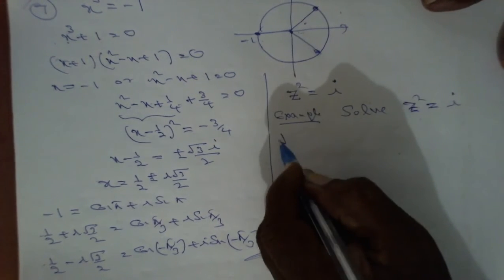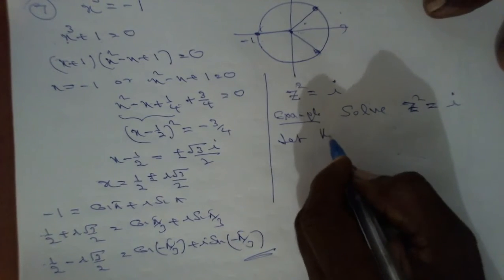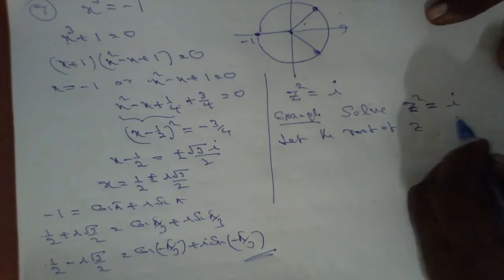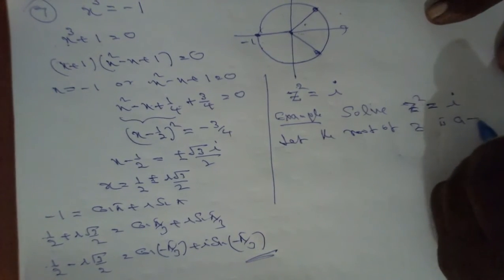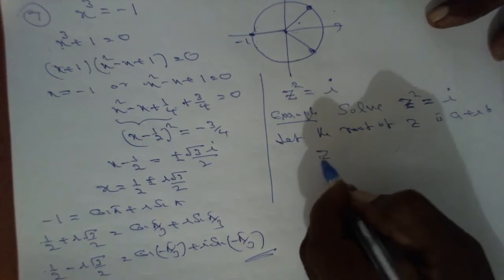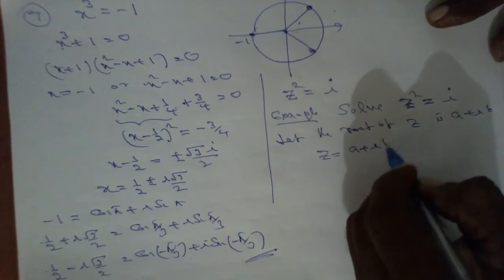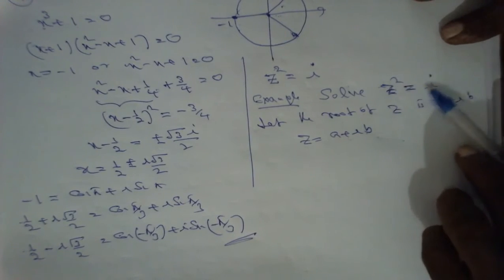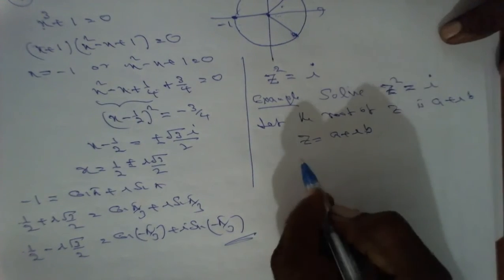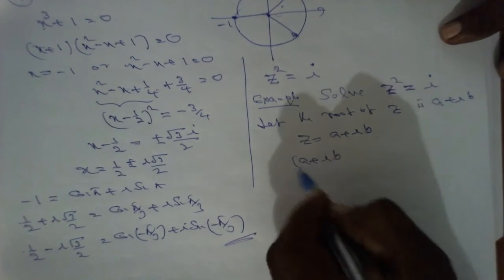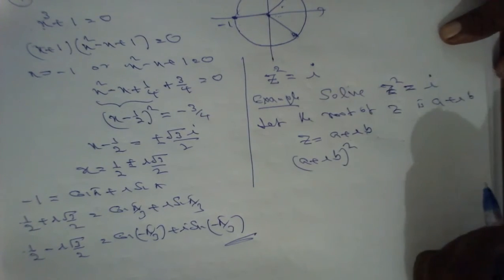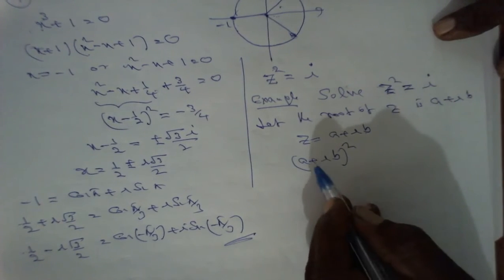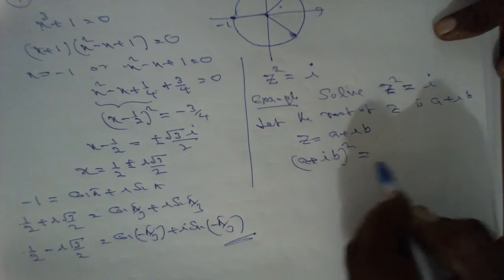Let the root z be a plus ib. That is, z equals a plus ib. If this is a root, it satisfies this equation. That is, a plus ib, whole squared, equals i.